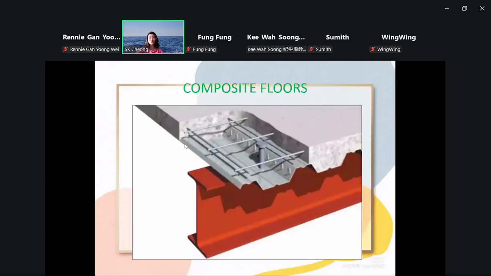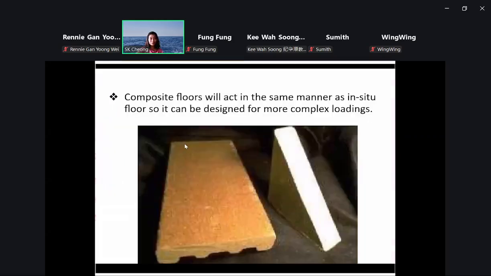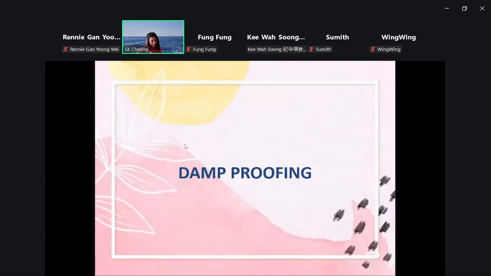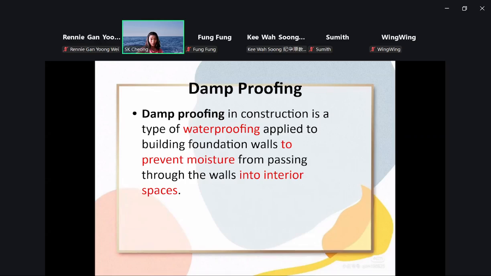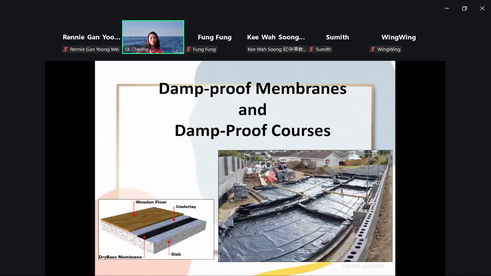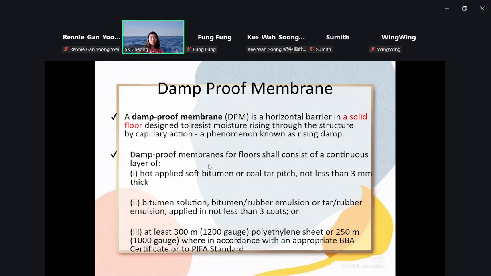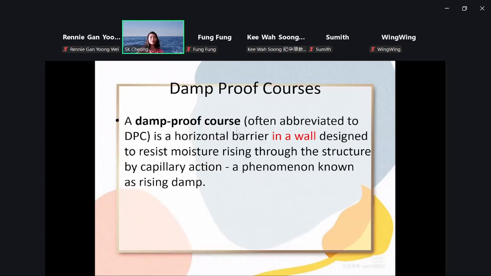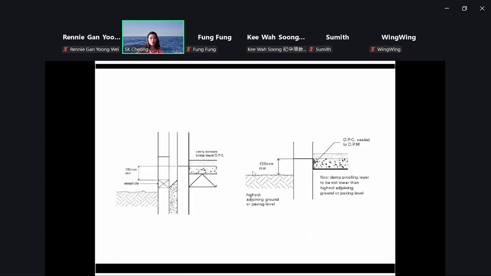More, this is for your composite. Okay. Last but not least, come to damp proofing. So what is damp proofing? Damp proofing is this, okay? Membrane and a damp proof membrane. This definition again. Damp proof course.